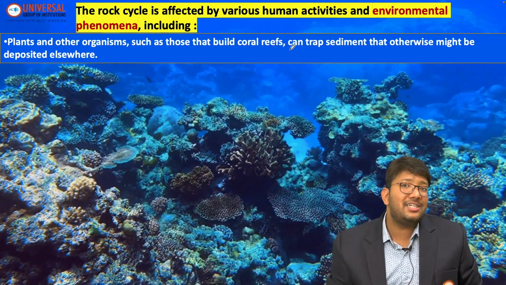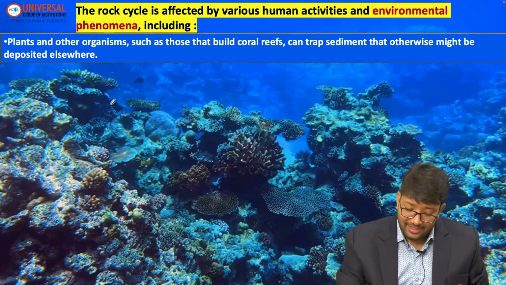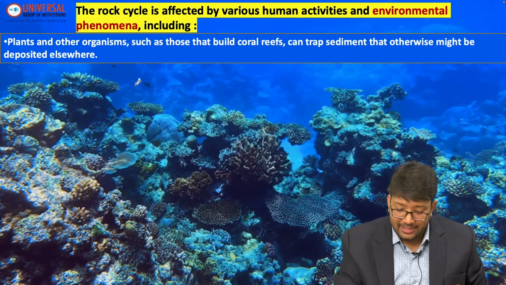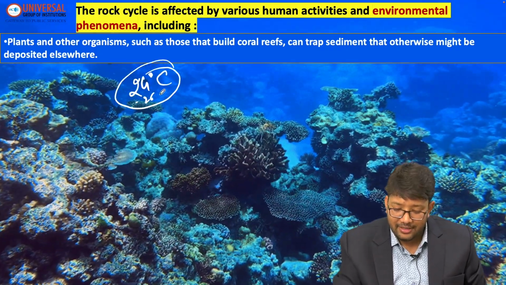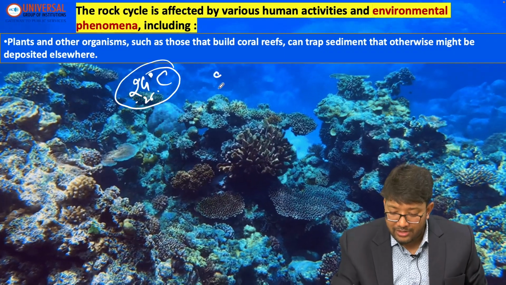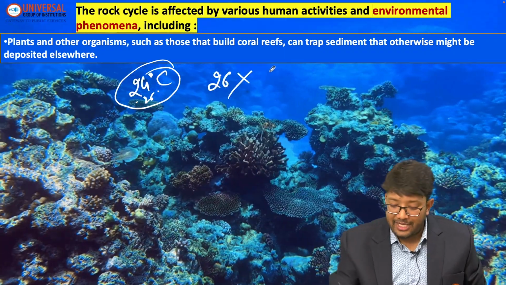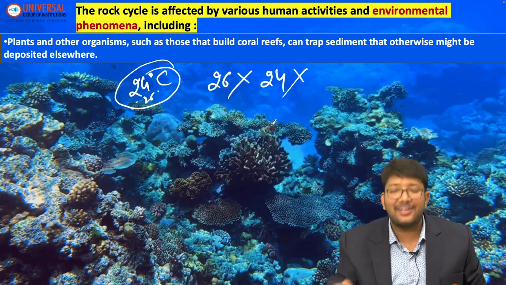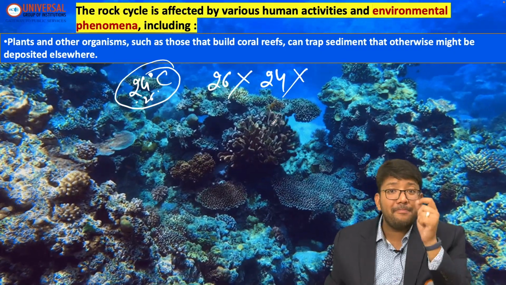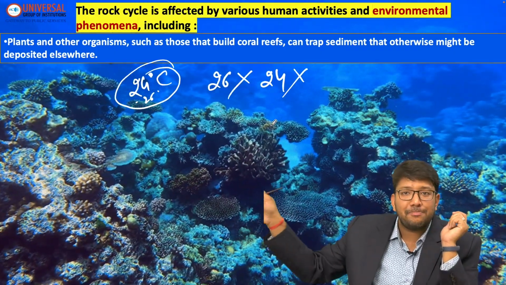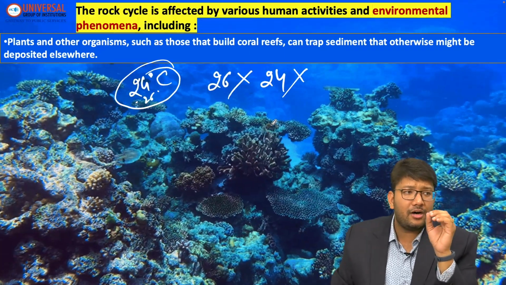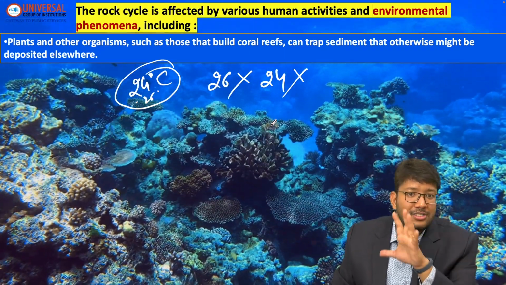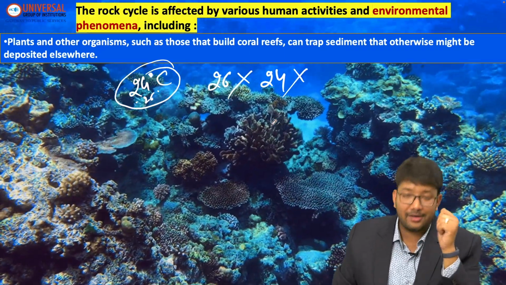It is such a sensitive creature that it requires a certain temperature, between 24 and 26 degrees. If the temperature is more than 26, it will die. If the temperature is below 24, it will die. Because of global warming, coral reefs are the worst impacted.